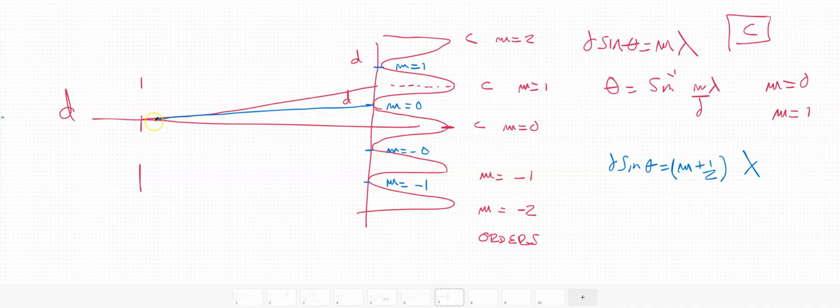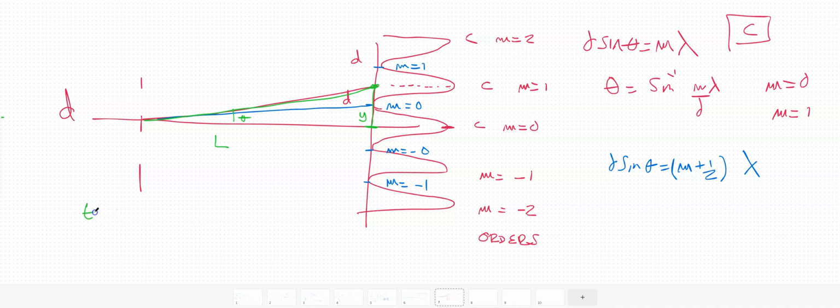The last thing you can do is, if you know this distance from the slits to the screen, for a given position, well, you have the angle. So you can find the position y, from the optical axis to the position where you have constructive interference.